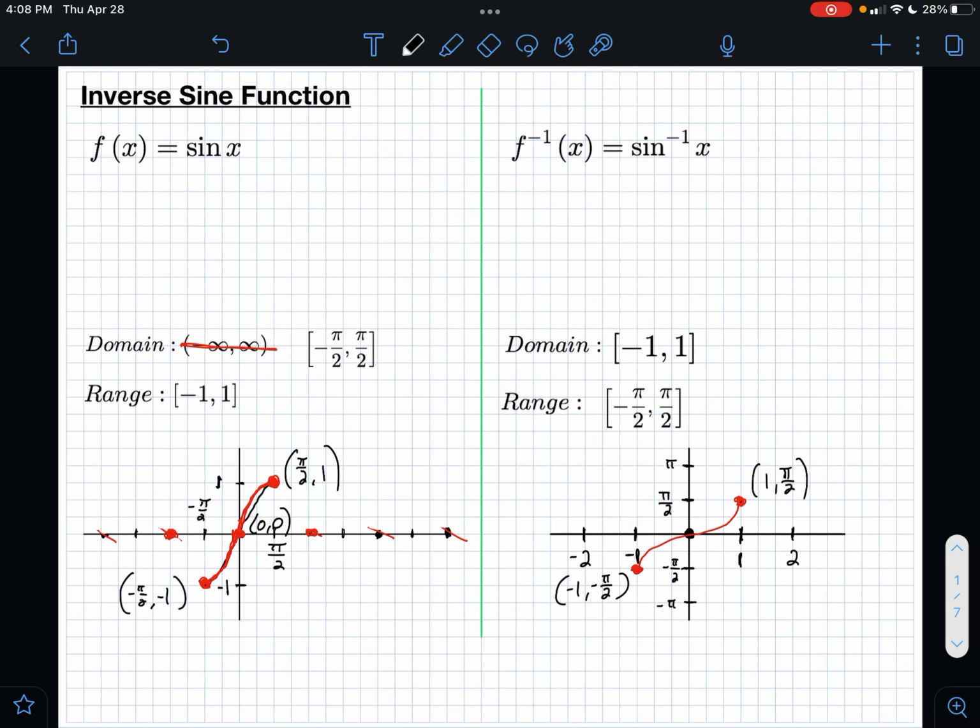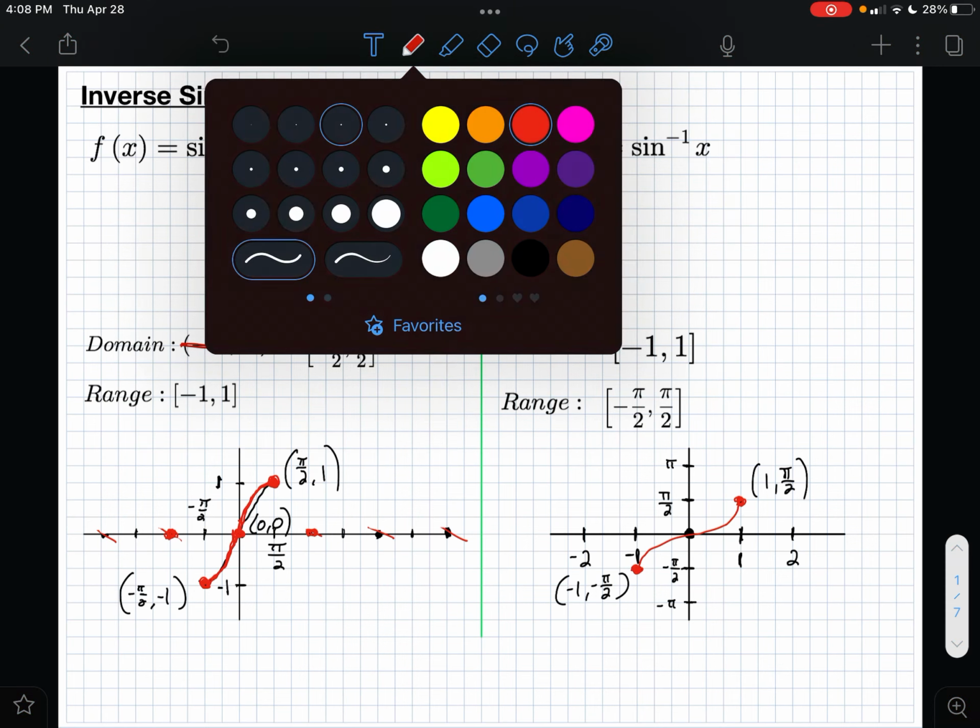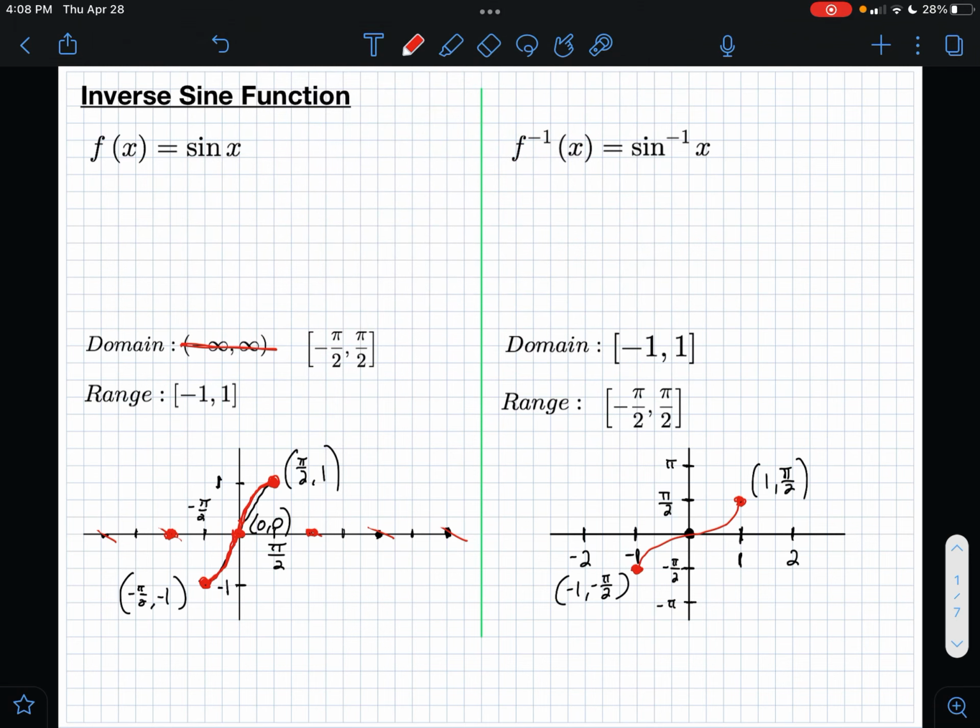So there is another notation for inverse sine that I prefer, and I'll get to it in a moment, but to understand what it is, it helps to understand what the inverse sine function is really doing. So it helps to go through this and really understand what the input and output values of a sine function represent.